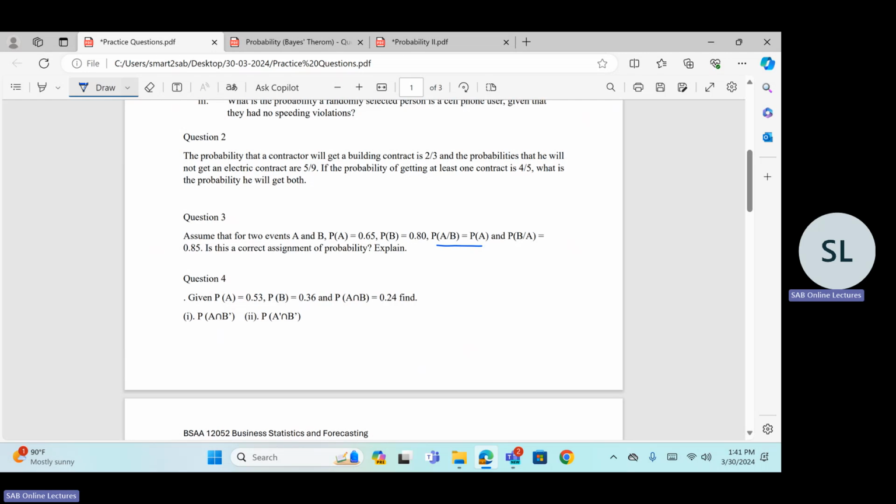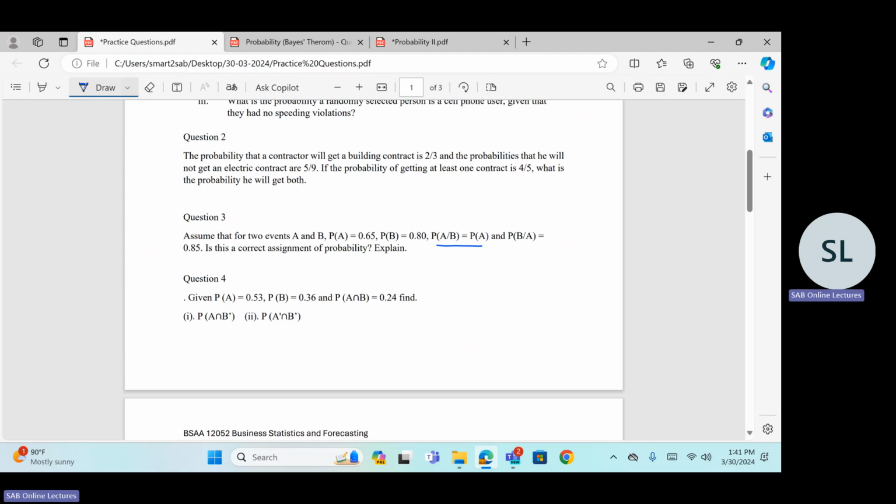Okay, then you can explain it. First you write this one, A given B is equal to P(A). Therefore we can assume A and B are independent. Then you take this one, B given A is equal to 0.85.